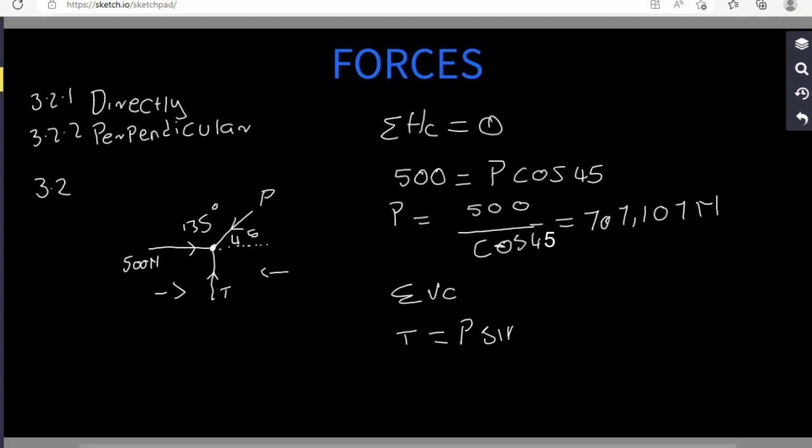It's the vertical component, therefore it's sine 45. We put the value of P, 707.107 sine 45, and that will be equal to 500 newtons.